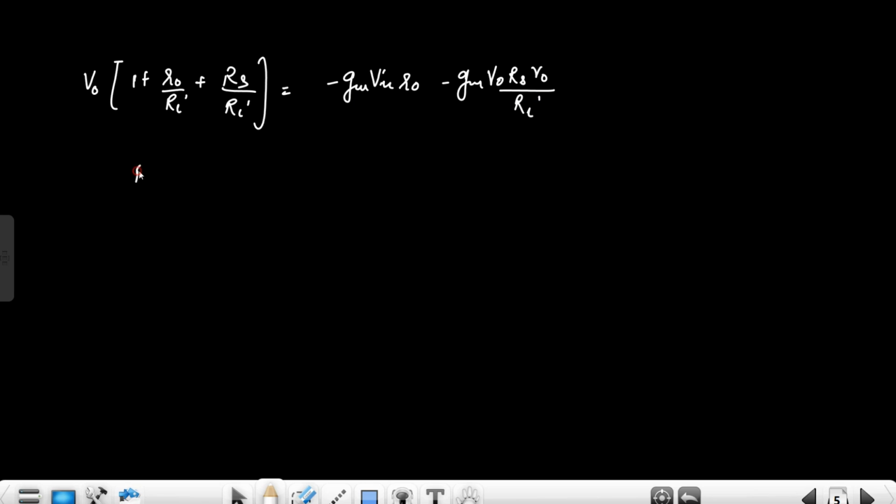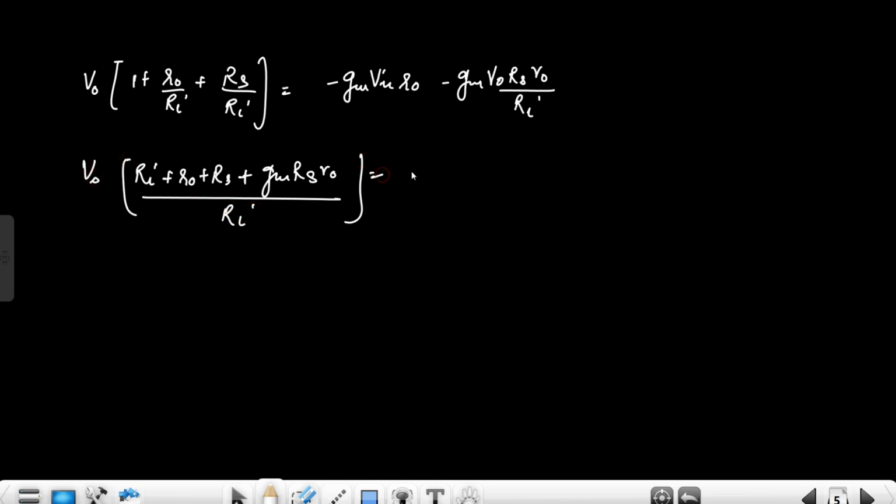So this is RL dash plus R naught plus RS, and this will also be here on the left hand side, so it will be plus GM RS R naught upon RL, right? So this is the output, and here this is minus GM VN naught.